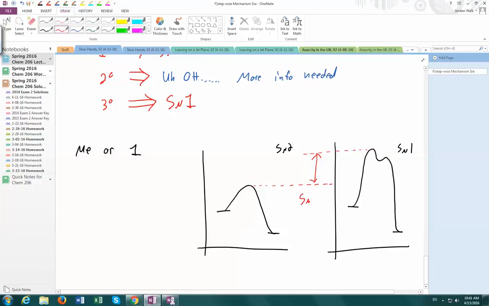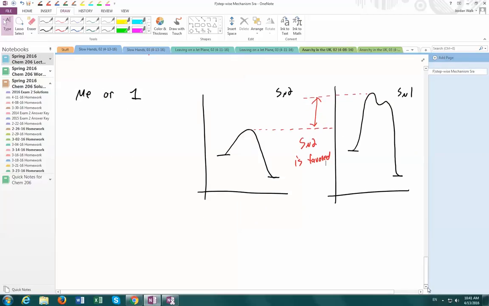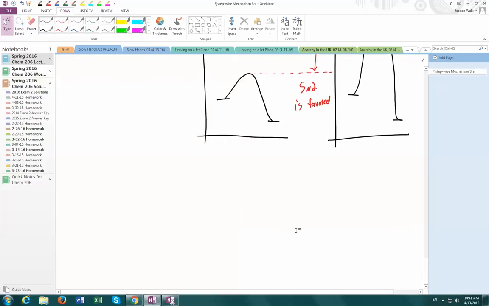Yeah, and so SN2 is favored, and it has to do basically with these two different possibilities. We can go either route, but the SN2 is just going to be so much faster because the activation energy, which is based on crowdedness, is much lower than over here in the SN1 reaction, where the activation energy is based on carbocation stability.